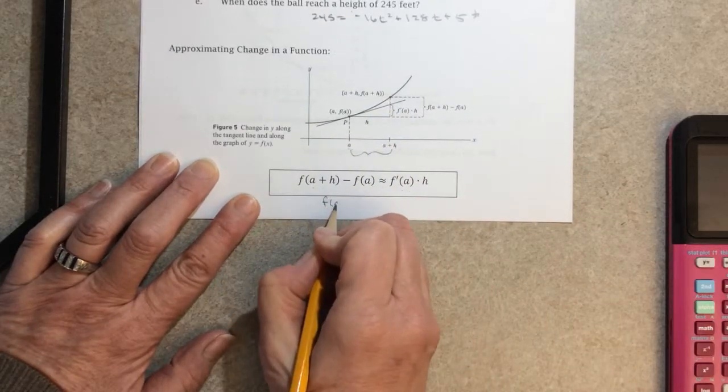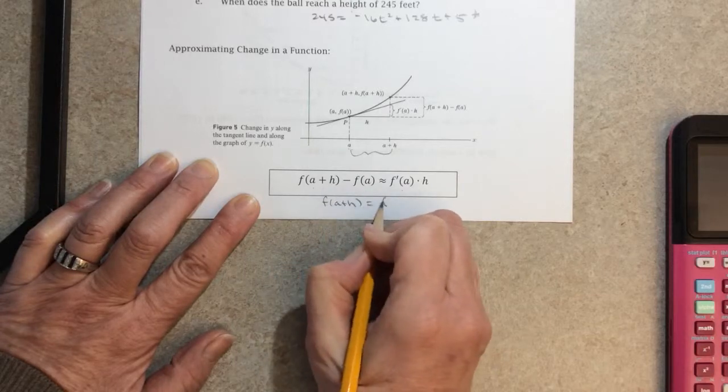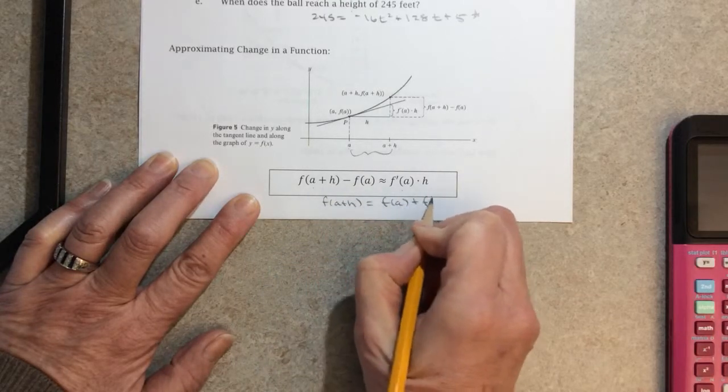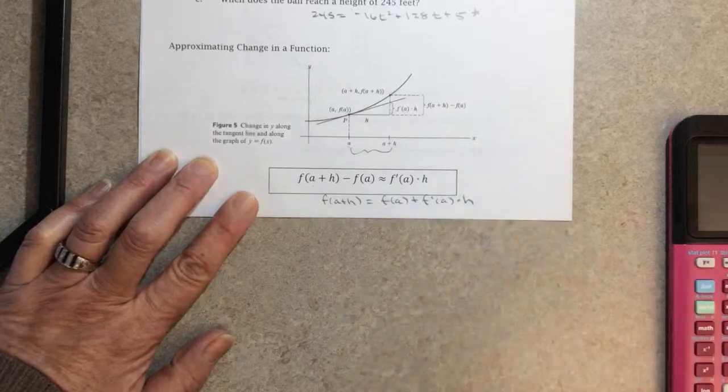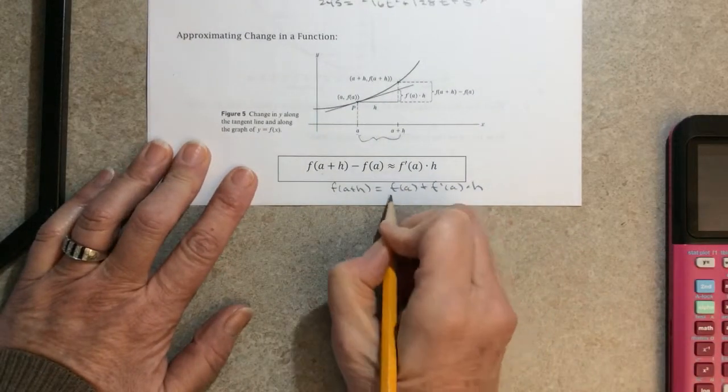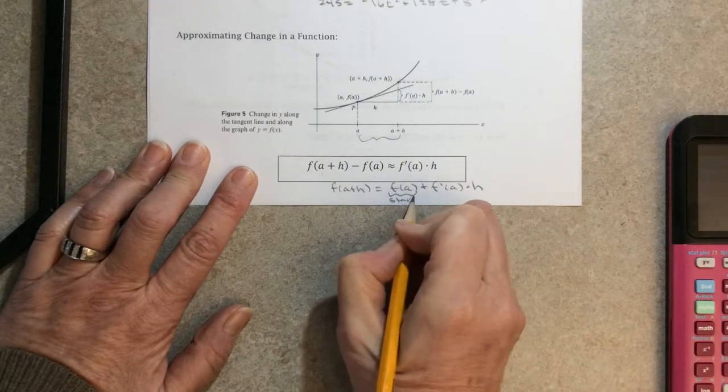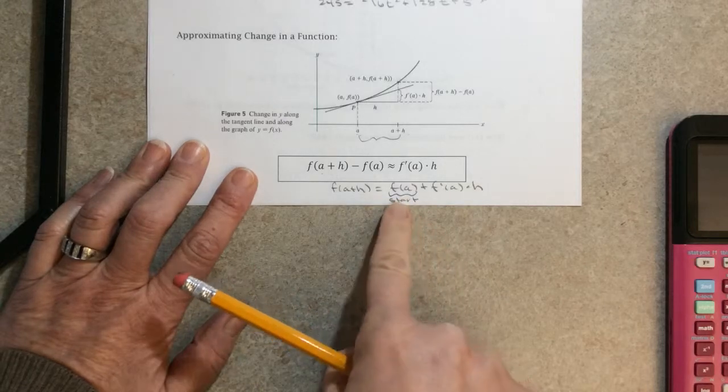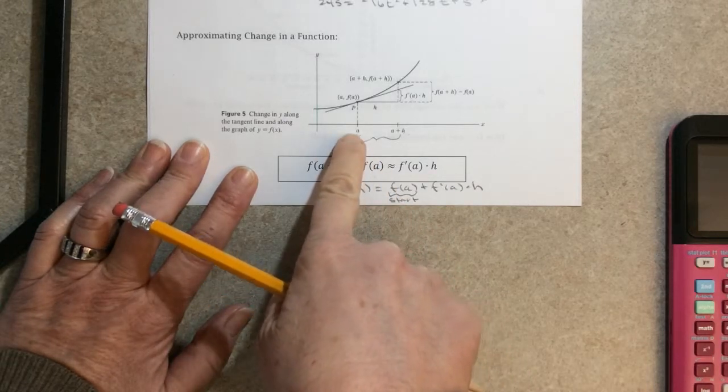Although to me, I think it's easier to think about it this way, like we did previously. We said we're going to have a place that we're going to start, a value that we know. We know the function value where we're starting at a.